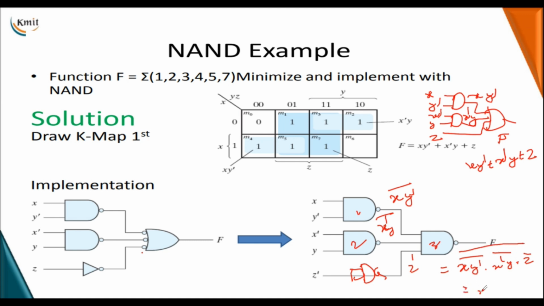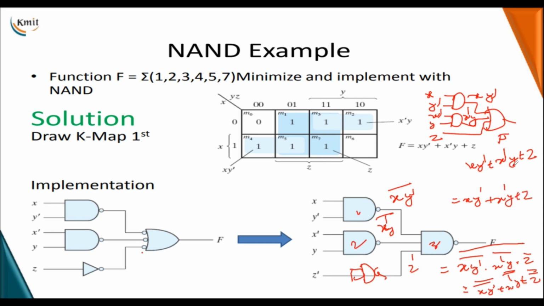Which is equal to xy bar double bar plus x bar y double bar plus z double bar. So the double bars are cancelled, this AND is converted into OR, and hence we have the sum term xy bar plus x bar y plus z.